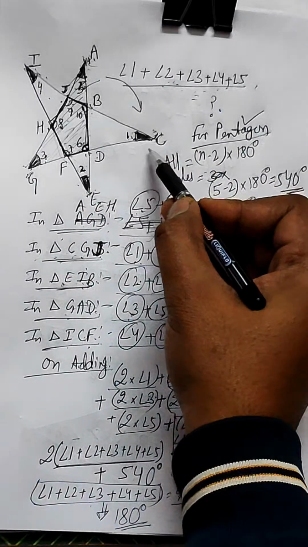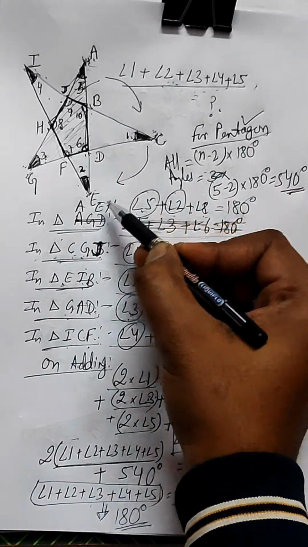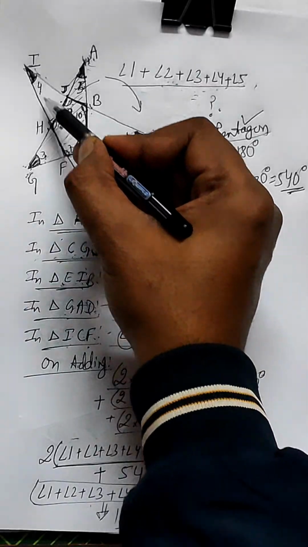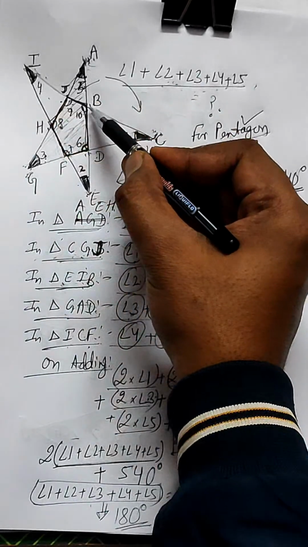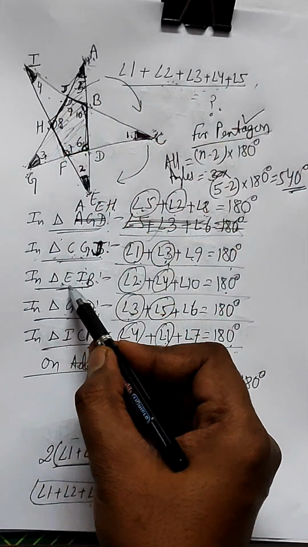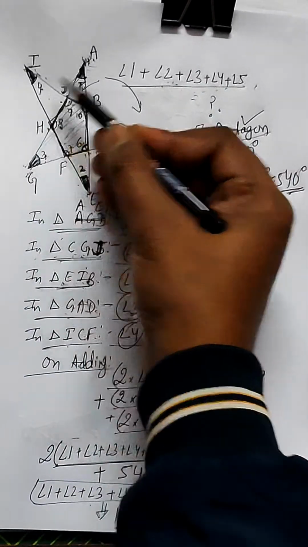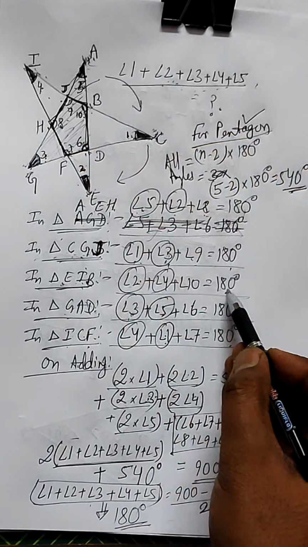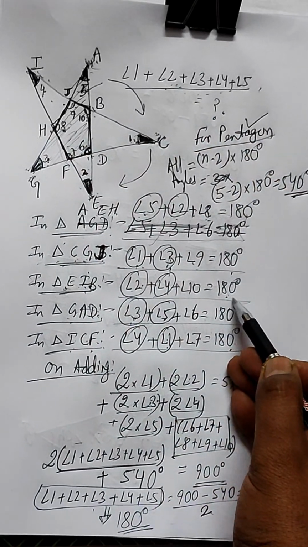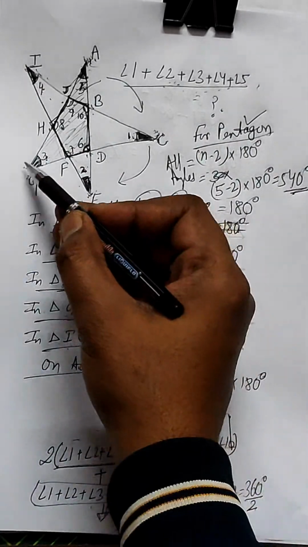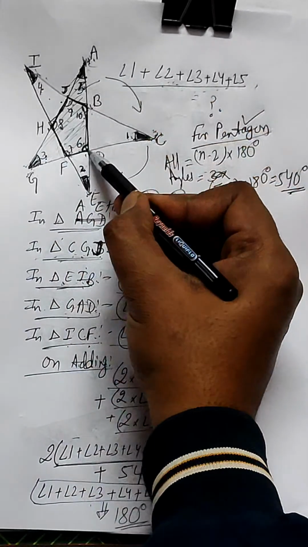Now in cyclic order, from C go to E, and from E go to the extreme end I. In triangle EIB, we get angle 2 plus angle 4 plus angle 10 as 180 degrees, right? In the same fashion, write the value for triangle GAD.